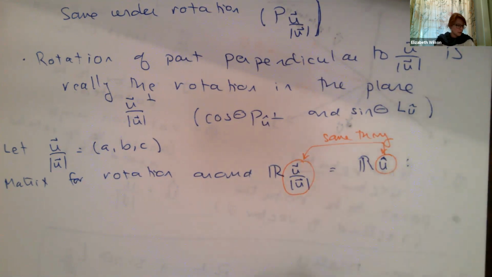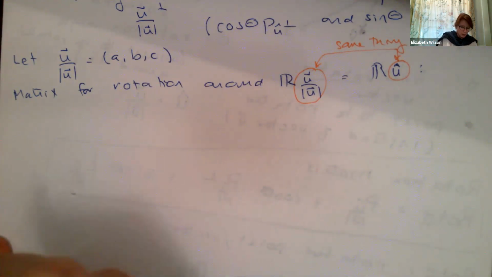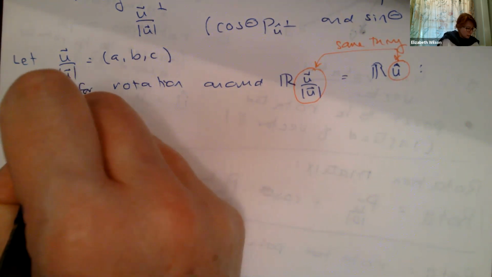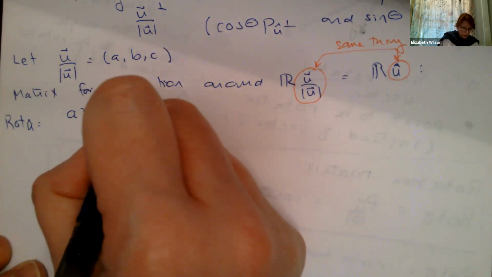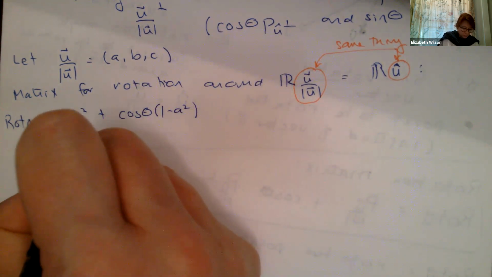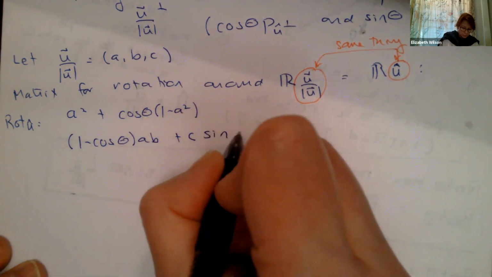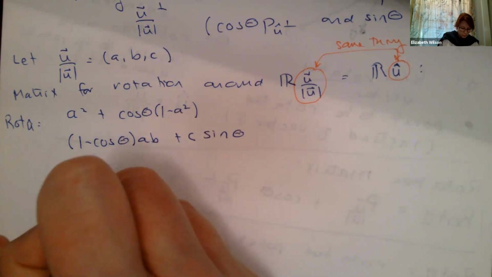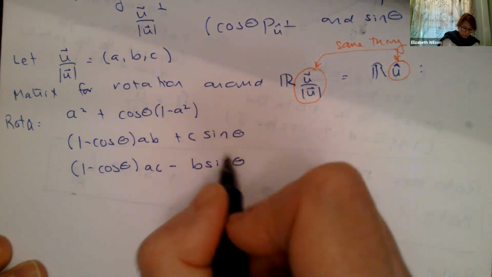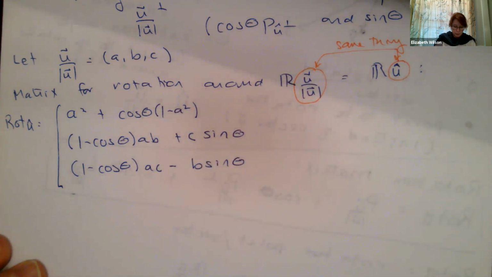All right, so here's our rotation matrix. You're going to see there's a lot of pieces to it. I'm going to have to write them a little bit off-centered to fit them onto the page. So rotation is going to be a squared plus cosine of theta times 1 minus a squared. So this is my X column, my first column. My second column I'm going to write down here.